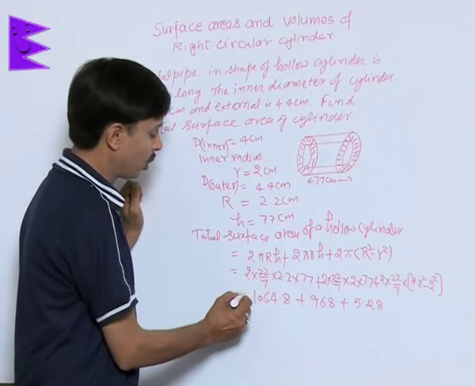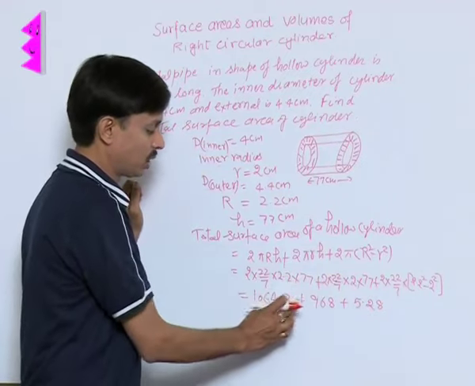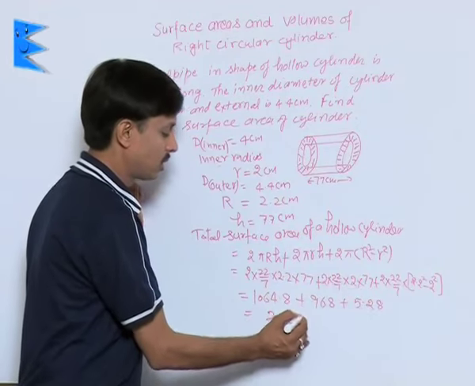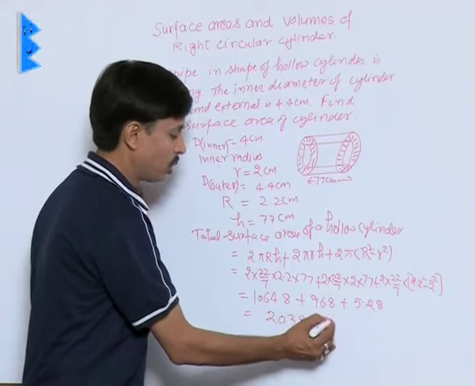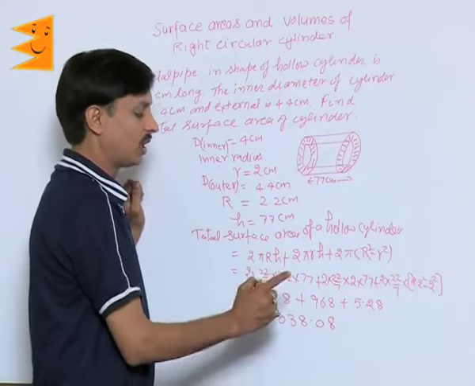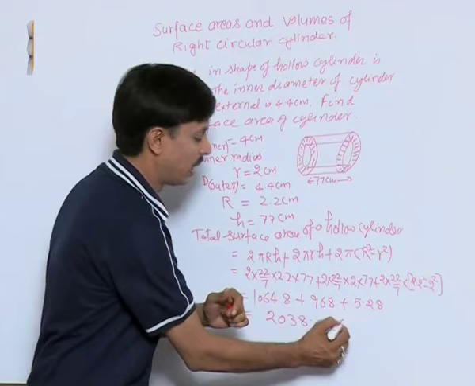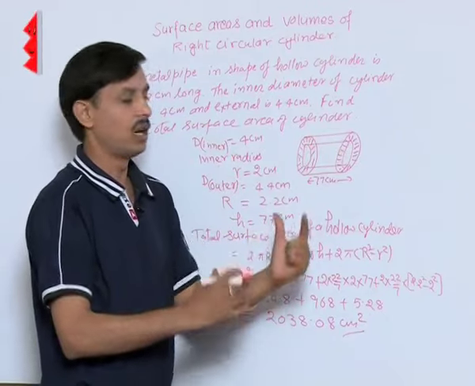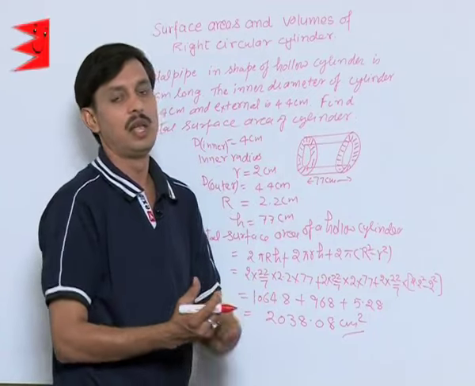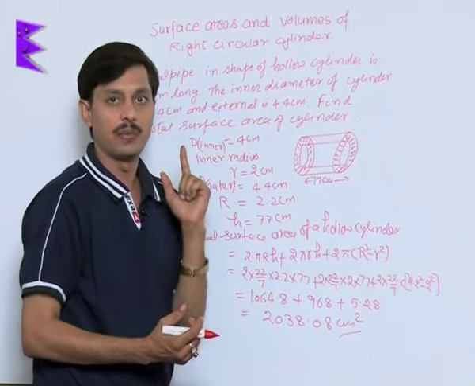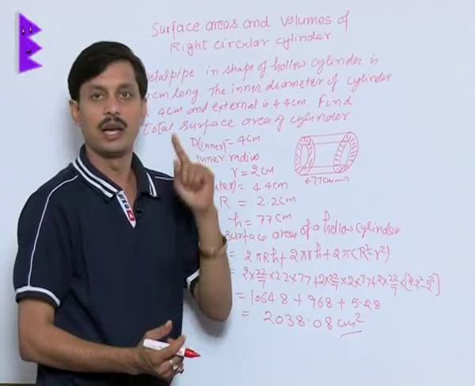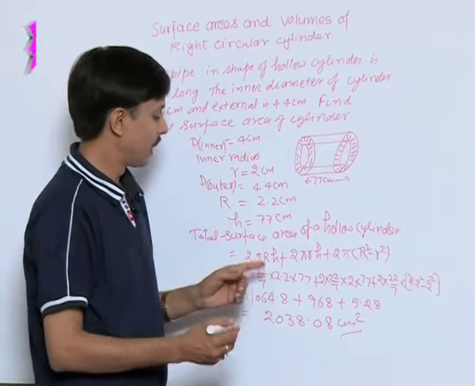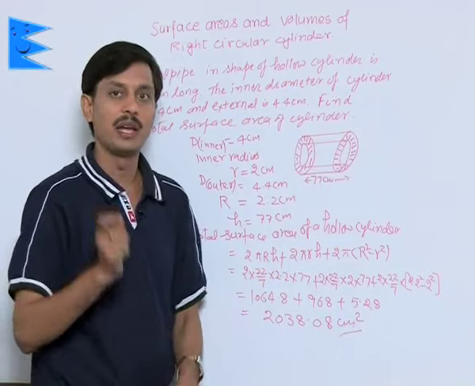If I ask you to calculate the total, this plus this plus this, it is 2000.08 centimeter square, the total surface area of this hollow cylinder having external diameter 4.4, internal diameter 4 and length, that is height, 77 centimeter. Apply the direct formula and get the answer.